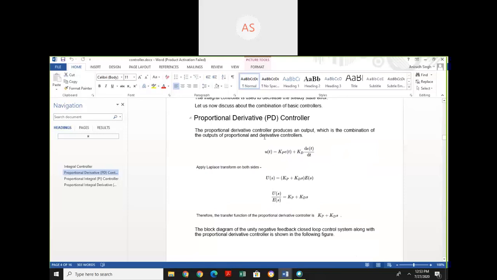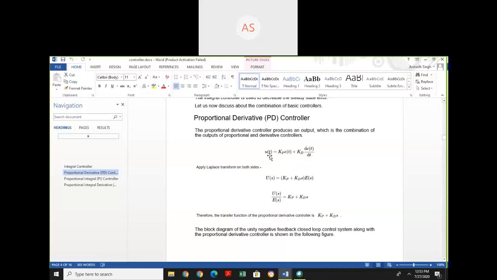Proportional derivative controller. In proportional derivative controller, the output is proportional to the combination of output of proportional plus derivative controller. Means in this, output is directly proportional to the error plus derivative of error signal. Means it is a combination.